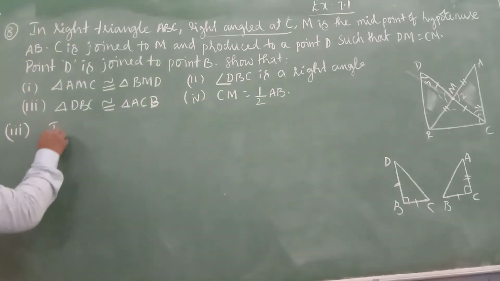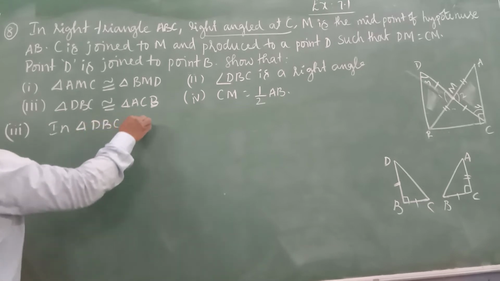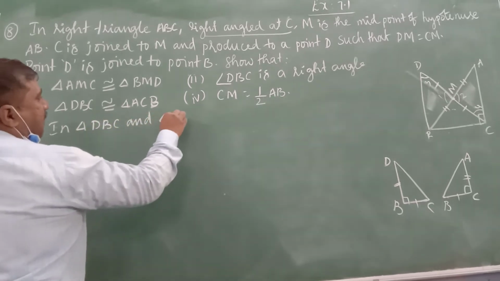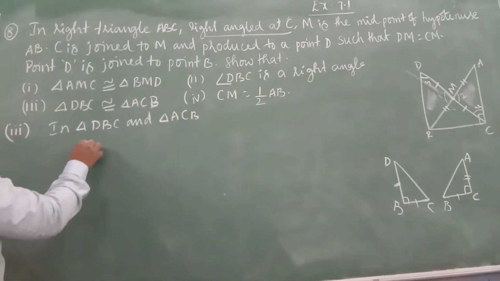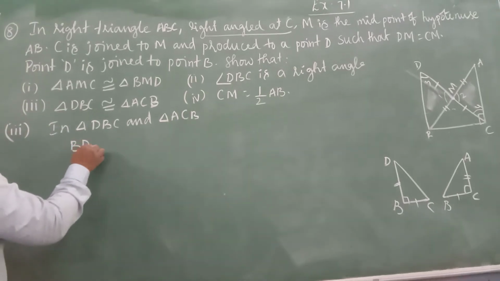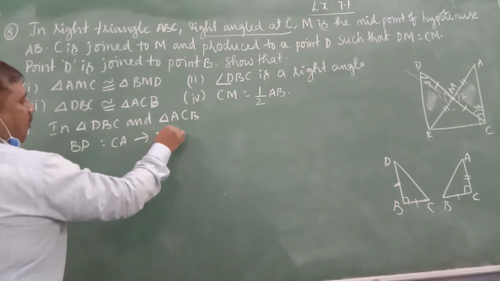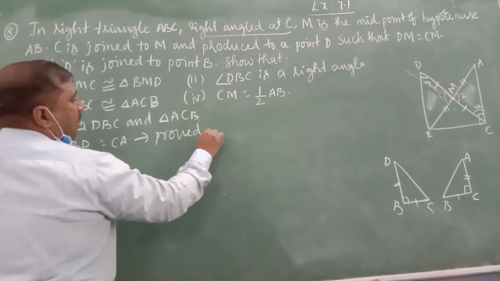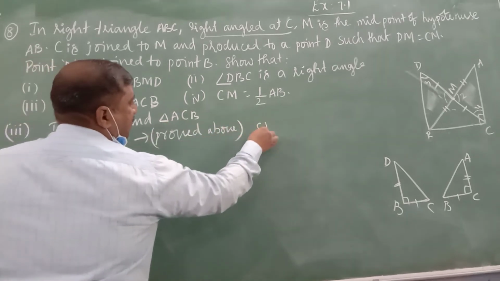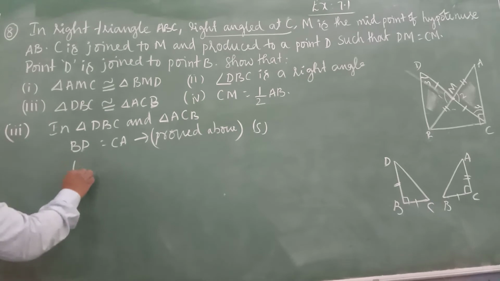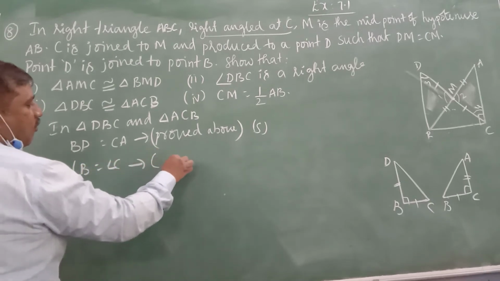So in triangle DBC and triangle ACB, BD is equal to CA, proved above, that is from CPCT. That is a side. Then angle B is equal to angle C, proved above.